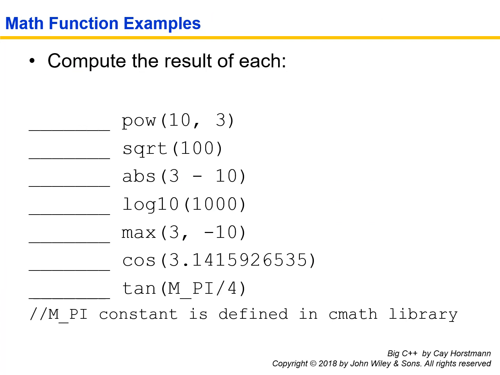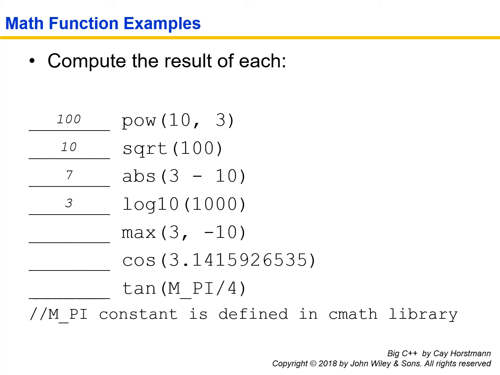So again, pause your video and try to figure out the result of each of these. Ten to the third is 100. Square root of 100 is 10. 3 minus 10 is negative 7, but the absolute value is 7. Log base 10 of 1,000 is 3.